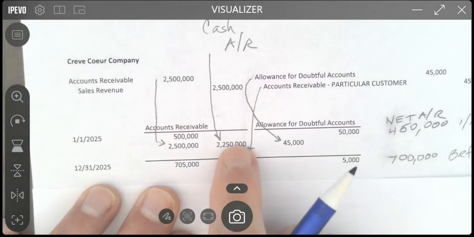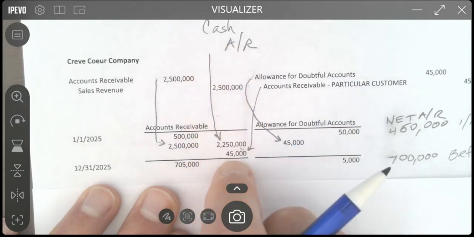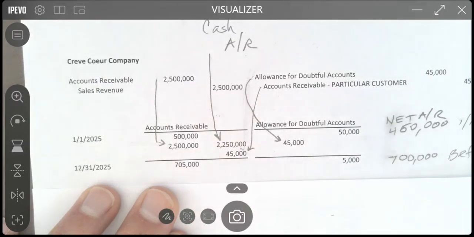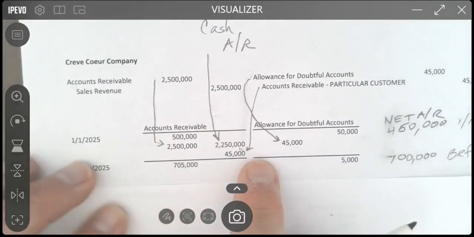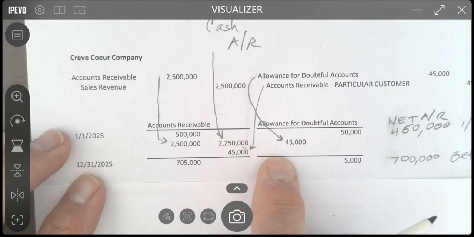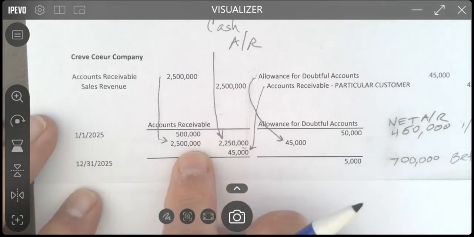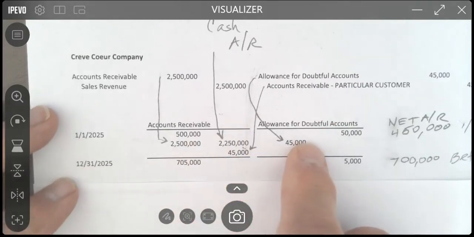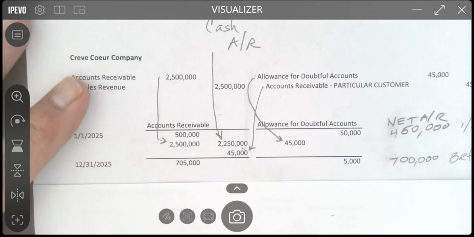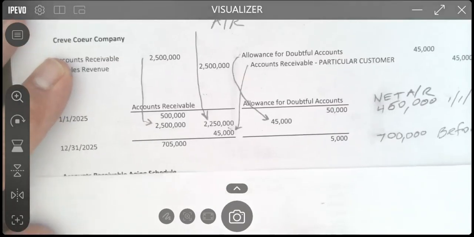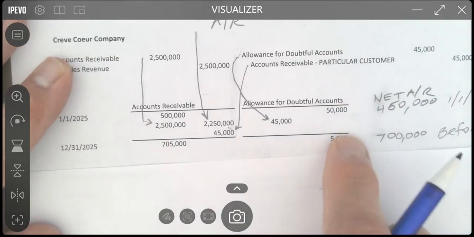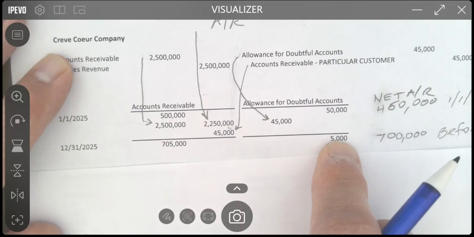So that's the sum of all of those credits to accounts receivable when we debited cash. Okay, so that's where all this is coming from. It's simply the posting of all of the entries to the accounts receivable and the allowance for doubtful accounts during the year. Now we have to do the adjusting journal entry because this probably is not high enough.